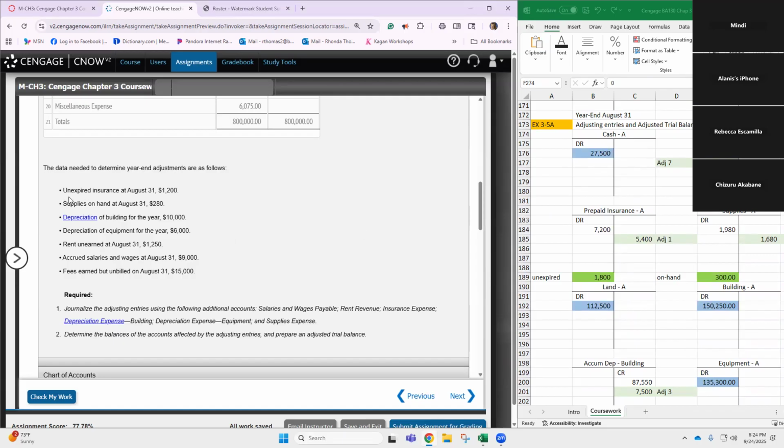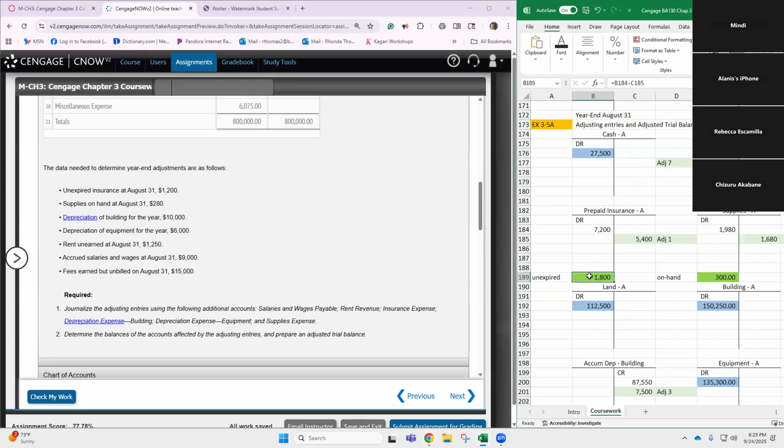Okay, let's get started. The first one says unexpired insurance. So the first thing I would do is look. Do we have an insurance account? Yes, we have a prepaid insurance account.